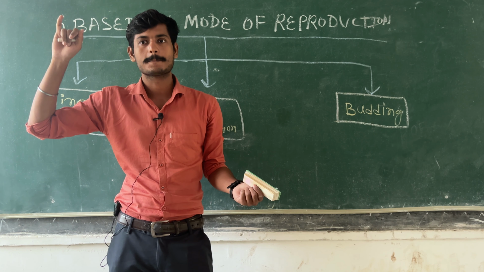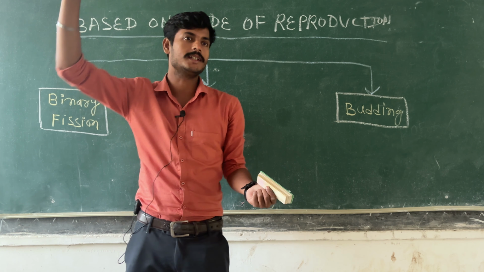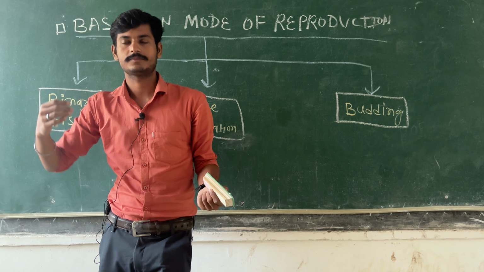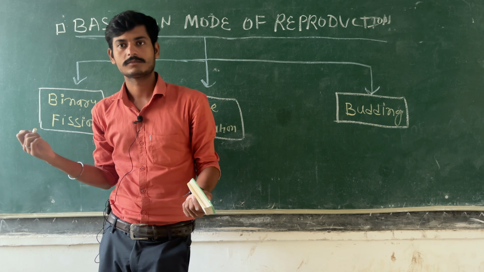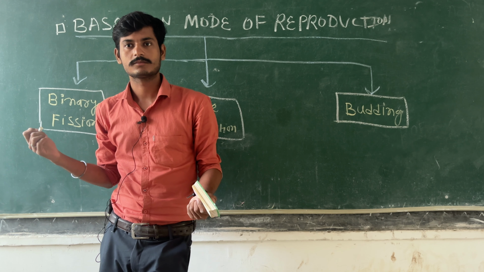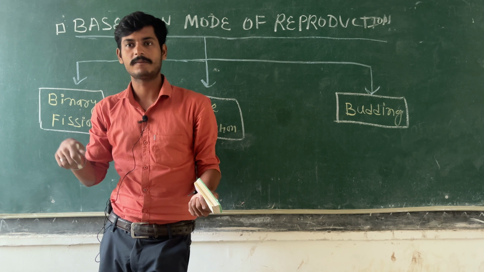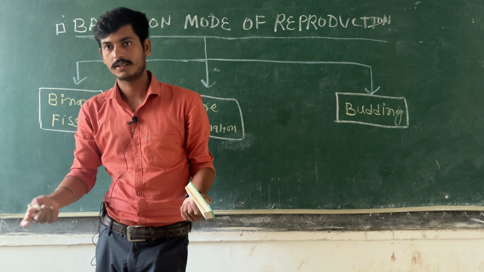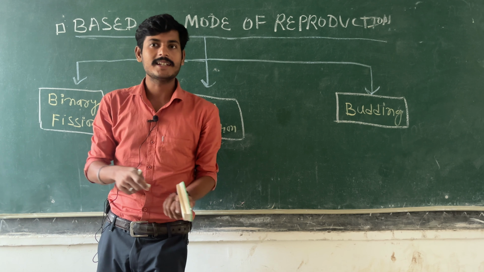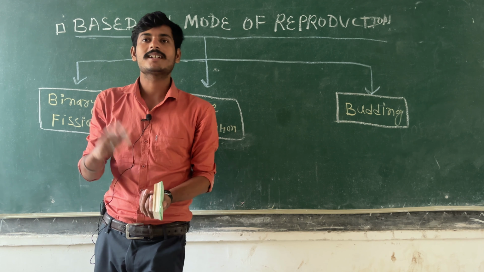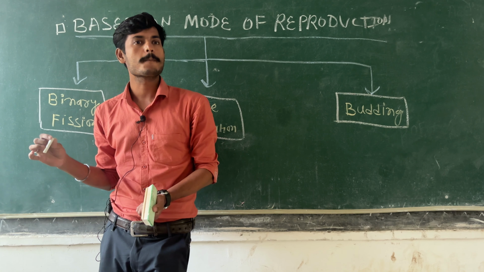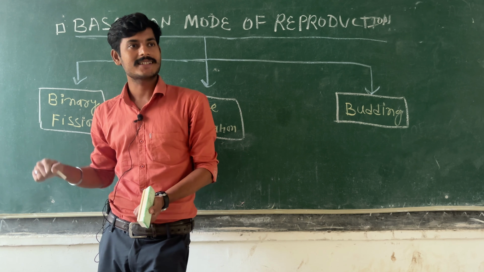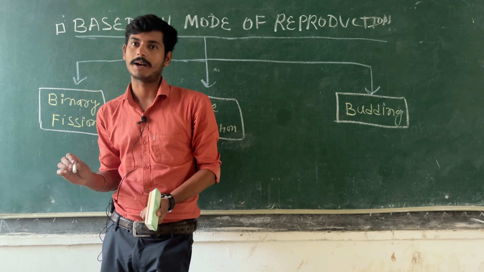What is the difference between them? You are saying there is variation in the offspring. That is one way. Second, in sexual reproduction there is a need for a partner, as far as human reproduction is concerned. In asexual reproduction, there is no need of a partner.